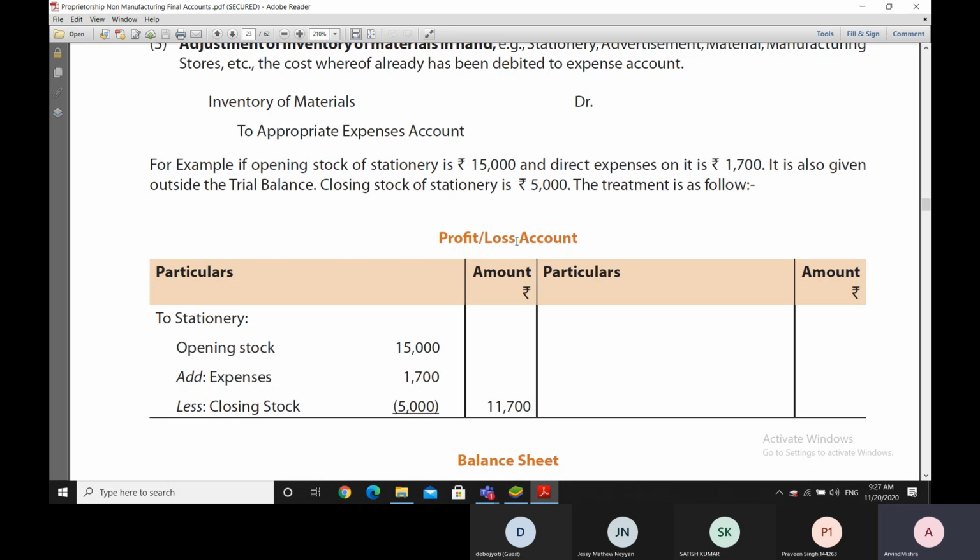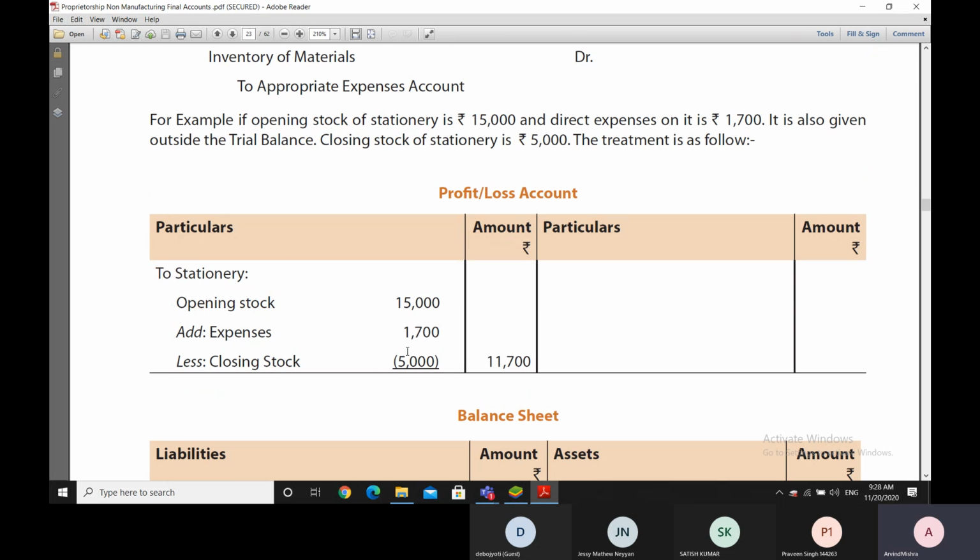So the expenditure that has been incurred in respect of stationery, we want to treat as if it is a revenue expenditure. So what we do is we take the opening stock of the stationery, we add the expenses that we have incurred on stationery, and we reduce the closing stock of the inventory that we have taken of the stationery. So what we get is the cost of the stationery that is to be debited to the profit and loss account by doing this.